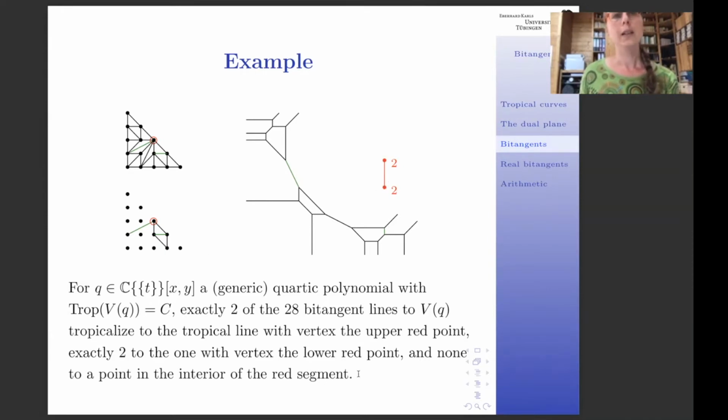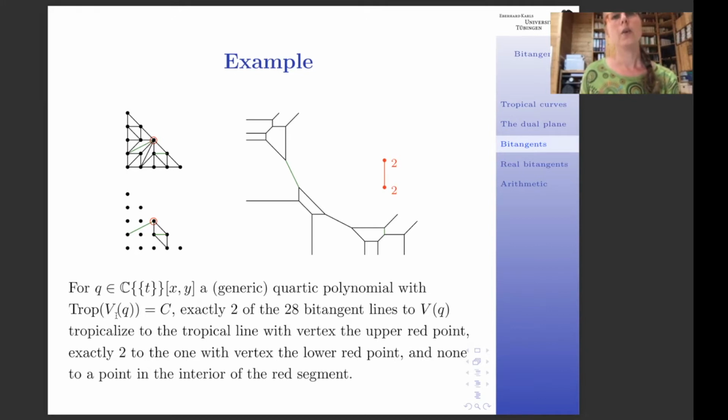Okay, now let me present some theorem already, or a case in a big theorem, so to say. If you pick a quartic polynomial over the Puiseux series with complex numbers now as coefficients, yeah? And if I pick such a quartic polynomial such that the tropicalization of the corresponding curve is precisely this tropical quartic, then this algebraic curve V(Q) is going to have 28 bitangent lines, right?